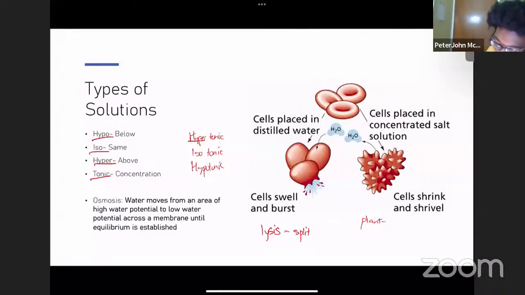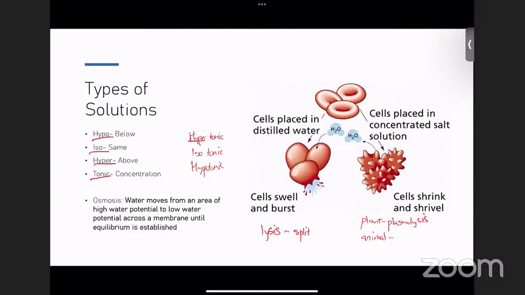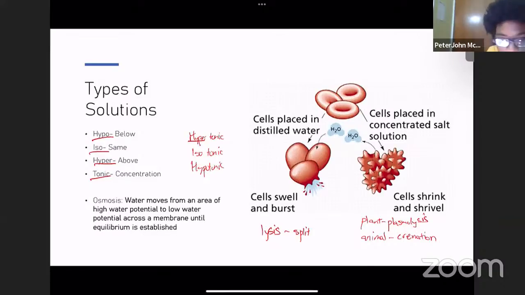Sure, in plant cells we call it plasmolysis. In animal cells we call it crenation. So I'm not saying that you guys need to know that, but it's cool to know.